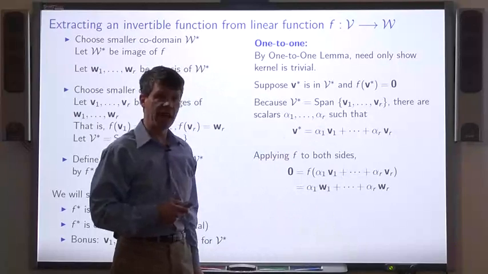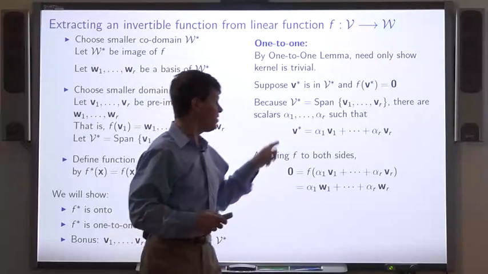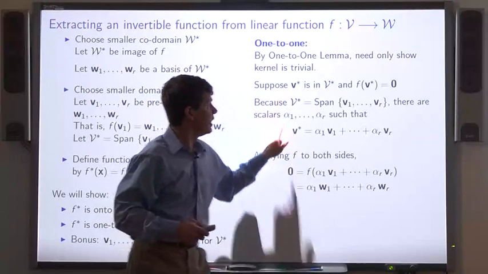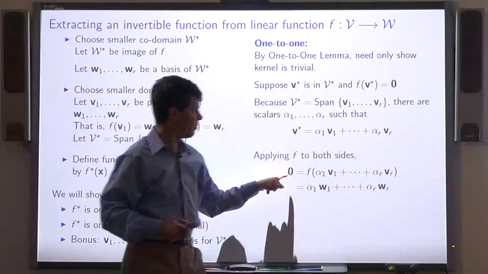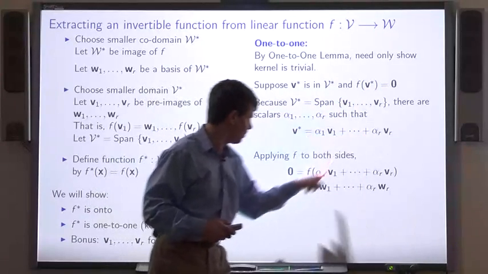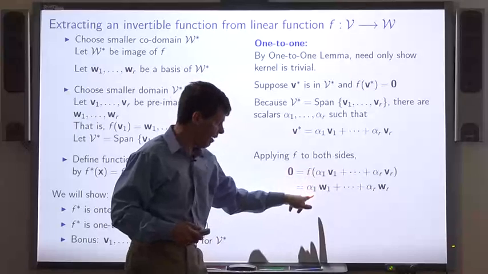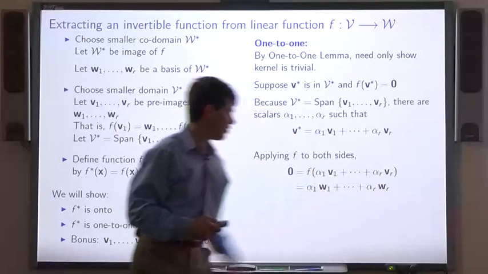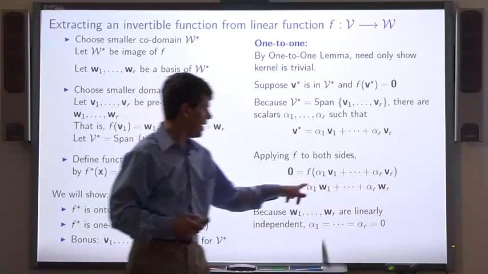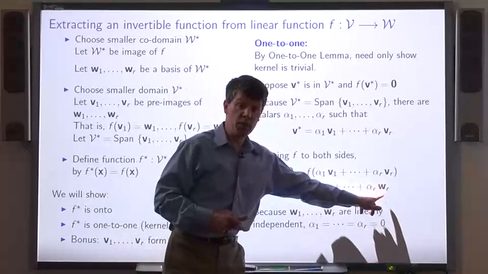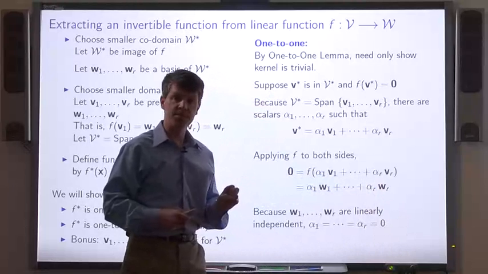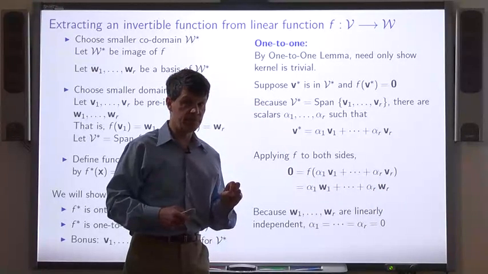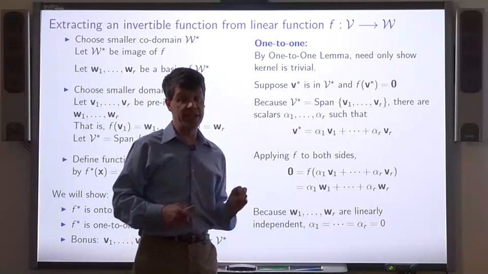Applying f to both sides of this equation, on the left side, f of v star equals the zero vector. So we get this. Let's apply f to the other side. By applying linearity, as we saw before, we get this linear combination. Now, w1 through wr form a basis for W star, and therefore they are linearly independent.